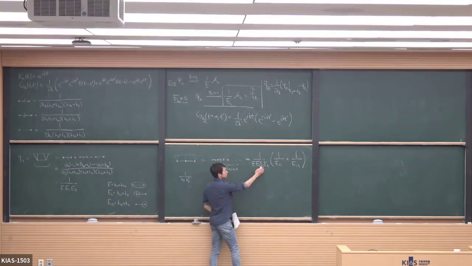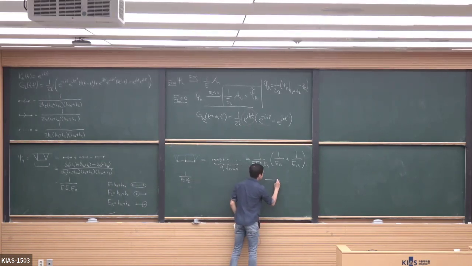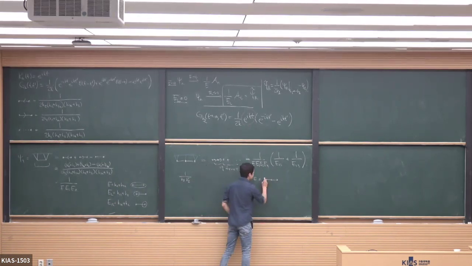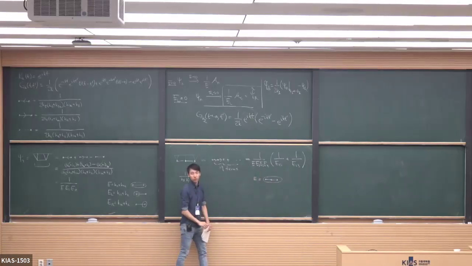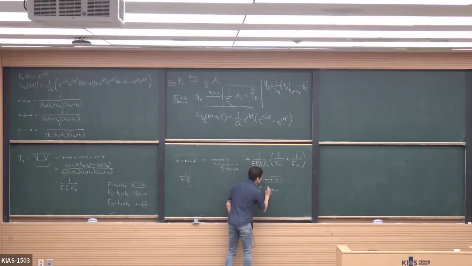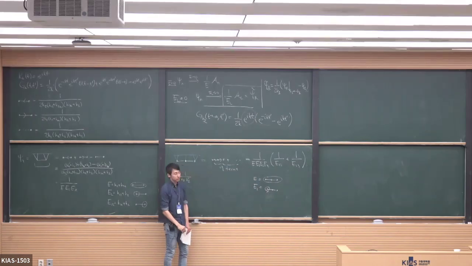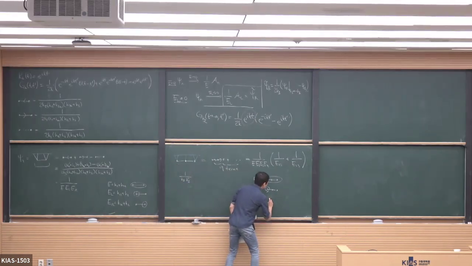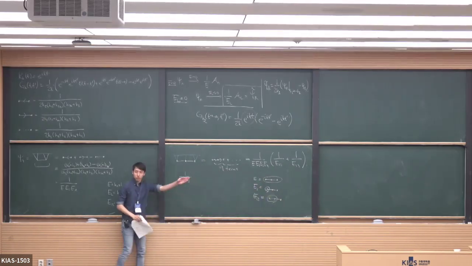Here, these are various variables I'm referring to. For example, this E is the total energy, just like the previous case, the energy associated with the whole graph. And this E1 would be the energy associated with just the first vertex. And E12 would be the energy associated with the first 2 vertices.